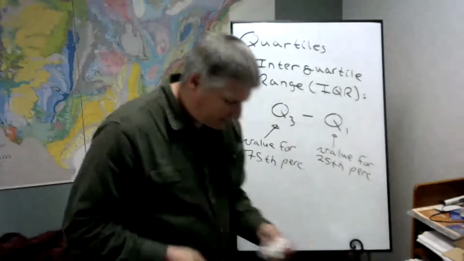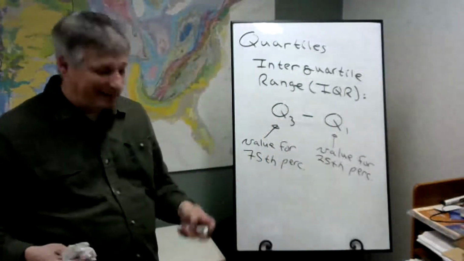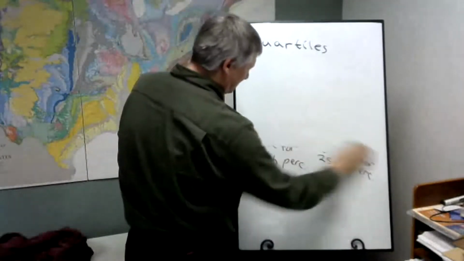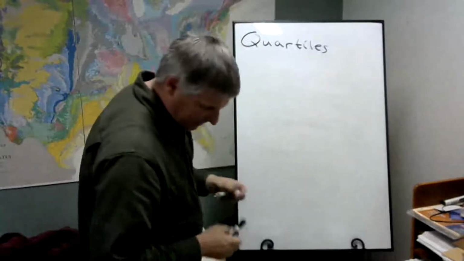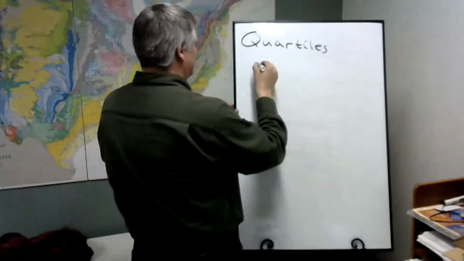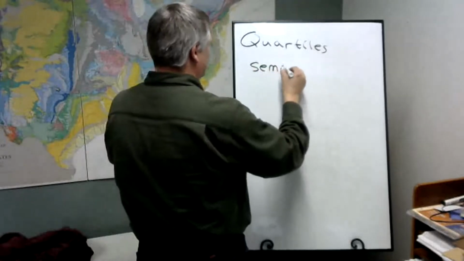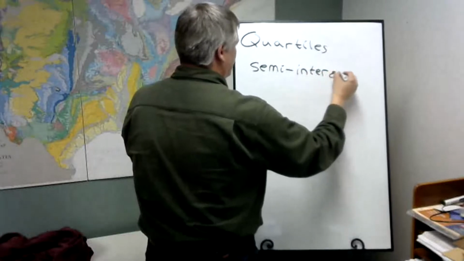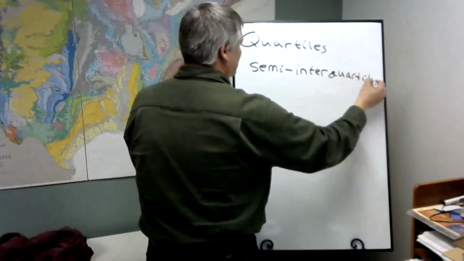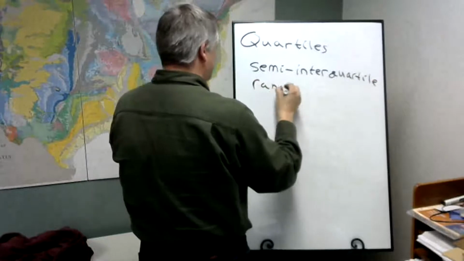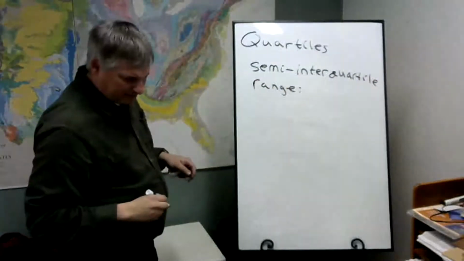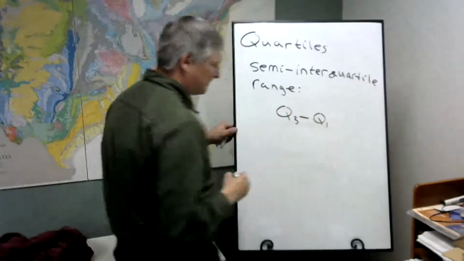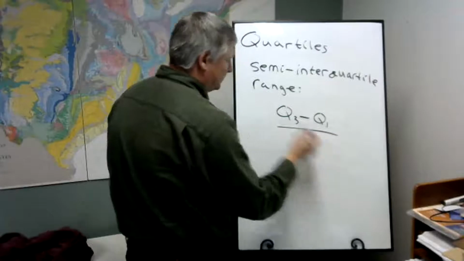And we use this when we're trying to figure out whether or not something is an outlier. Another use of this is the semi-interquartile range. For this one, we just take the interquartile range and divide it by 2.